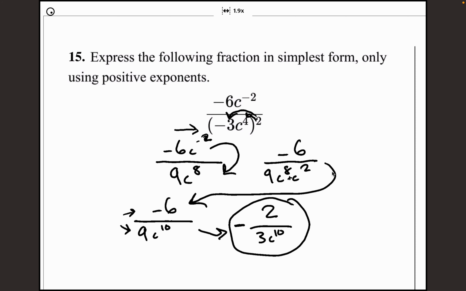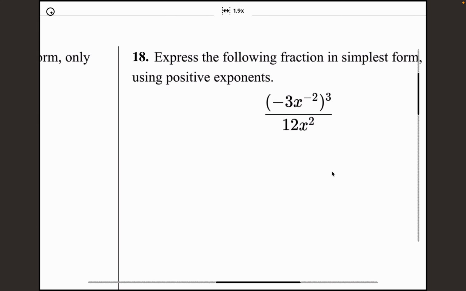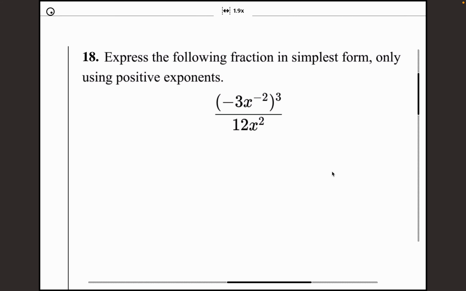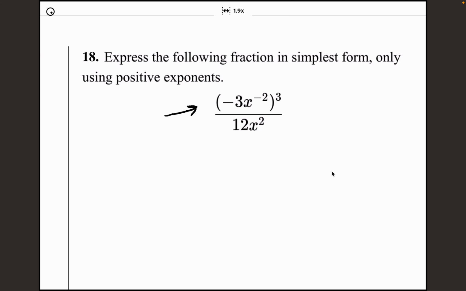Let's go ahead and look at another one. Let's just scroll over and look at this one. Okay, this one's going to be very similar to that last one, except this time it is on the numerator. So I need to apply this exponent of 3 to my number and the variable.